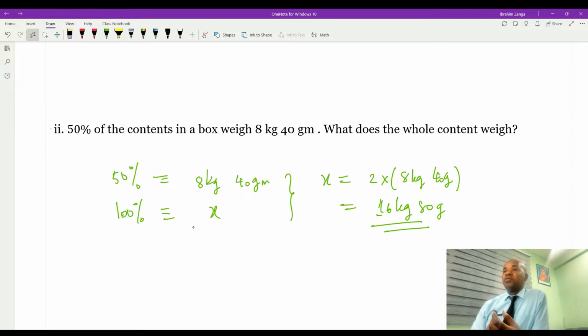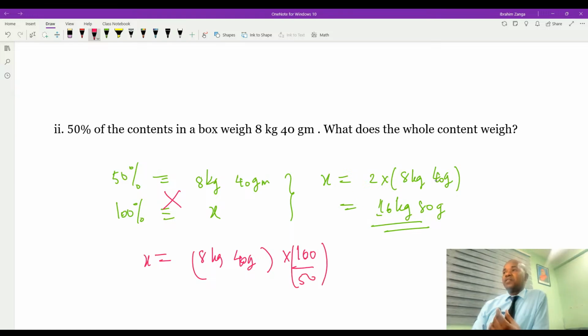So that is the solution. And we just multiplied by 2 here because if you have to cross the multiplication, then you'll be having XC equals to 8 kg, 40 gram times 100 divided by 50. So dividing here is the same as multiplying here by 2, dear students.